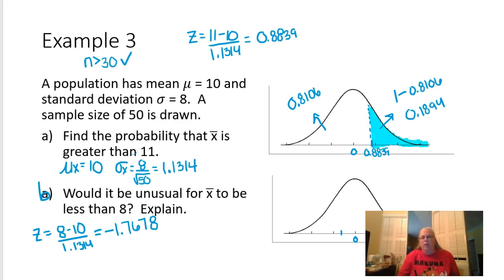It's going to be a little bit closer to 2. Let's draw up our vertical line here. And since we're less than, that means the area we want is going to be back here and to the left. Like so.